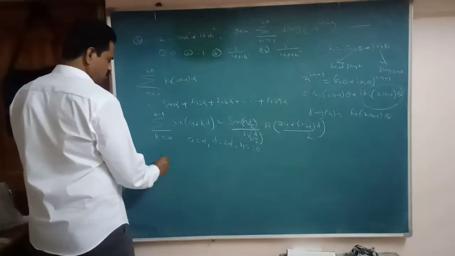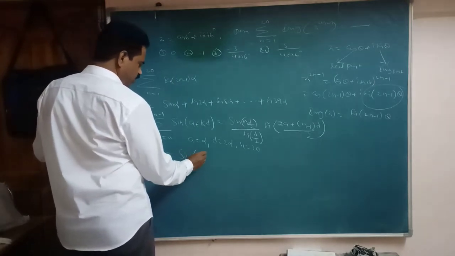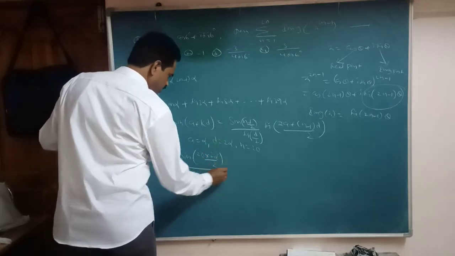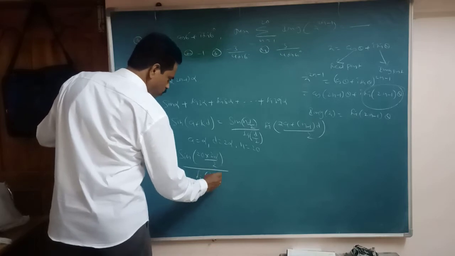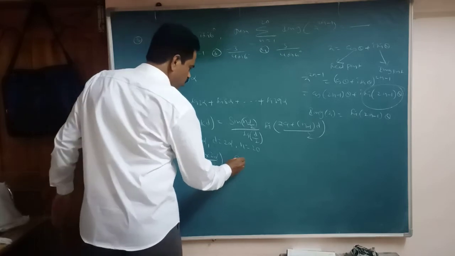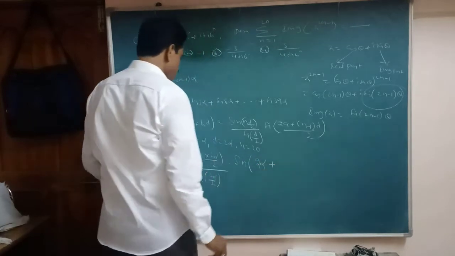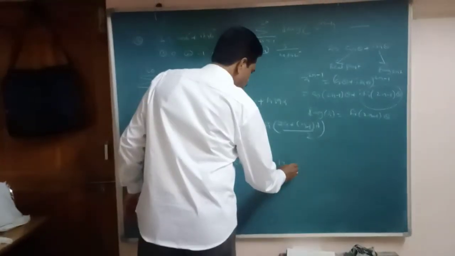Substitute here. So that equals sin(nd by 2), that is 20 into 2 alpha by 2, divided by sin(d by 2), that is 2 alpha by 2, into sin of (2a, that is 2 alpha, plus (n minus 1), 20 minus 1, that is 19, into 2 alpha) by 2.